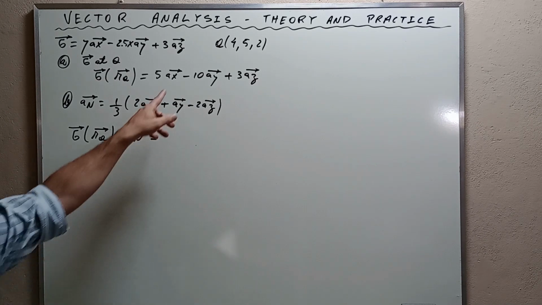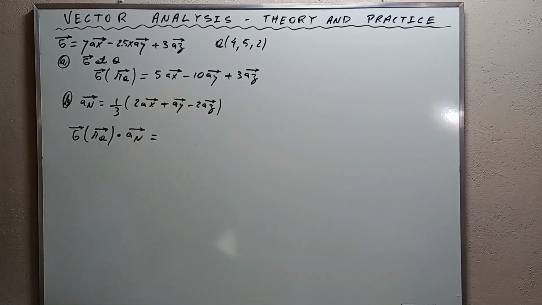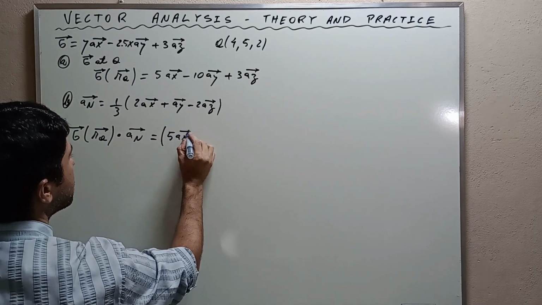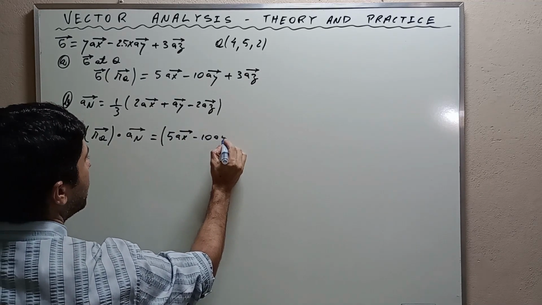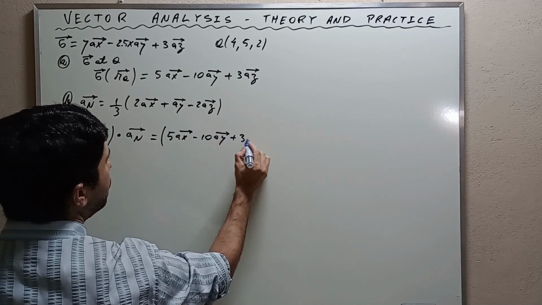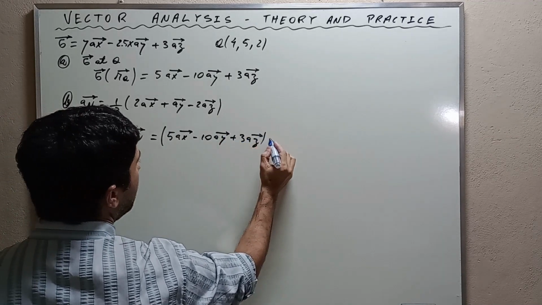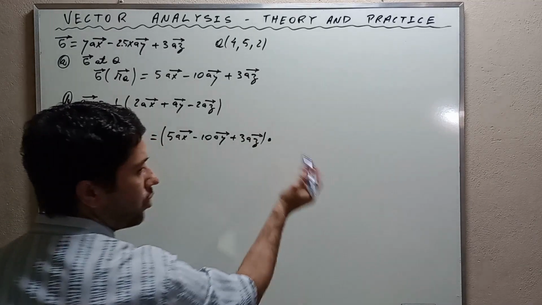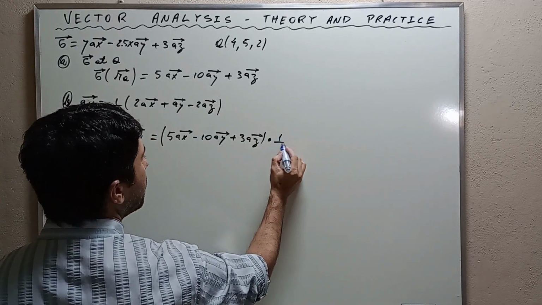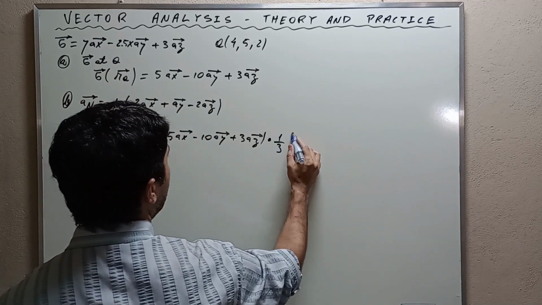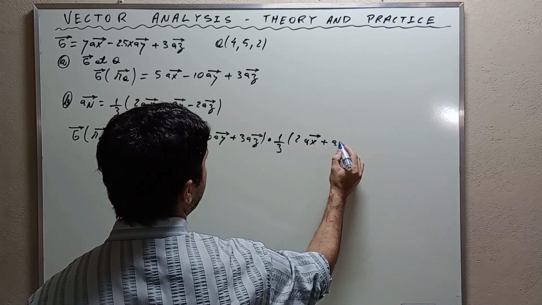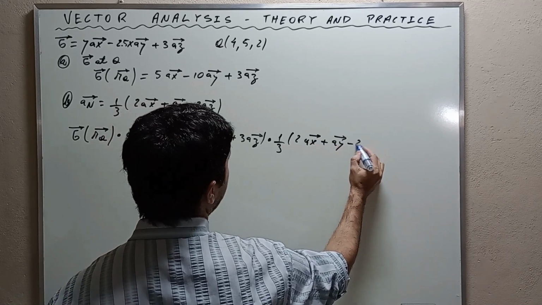We need to consider the directions, and to do this we use the dot product. It's going to be 5ax minus 10ay plus 3az in a dot product with a third of 2ax plus ay minus 2az.